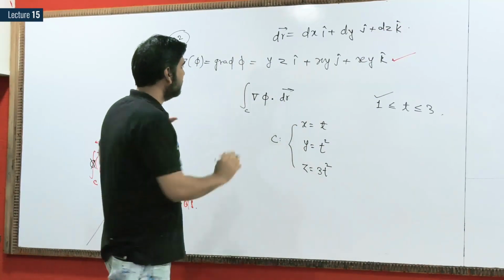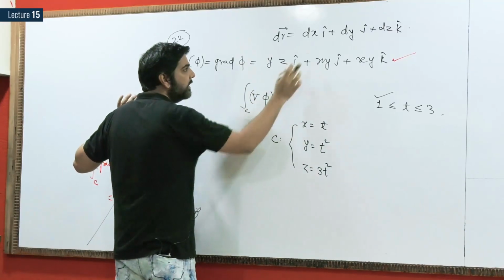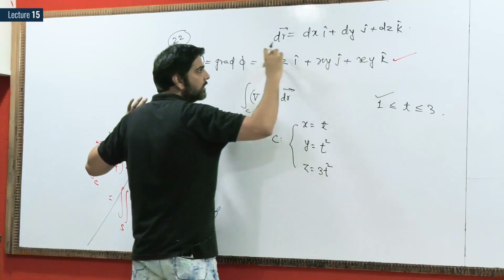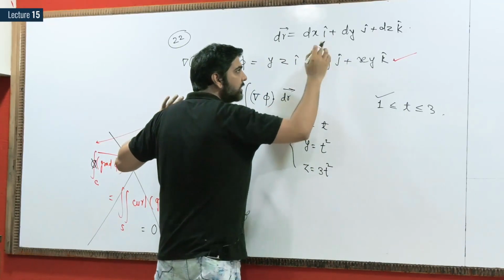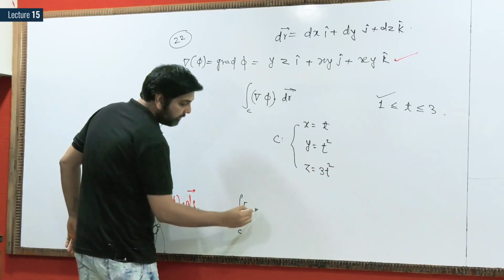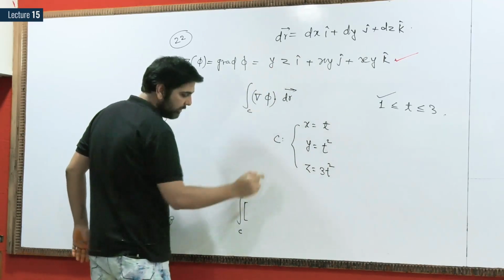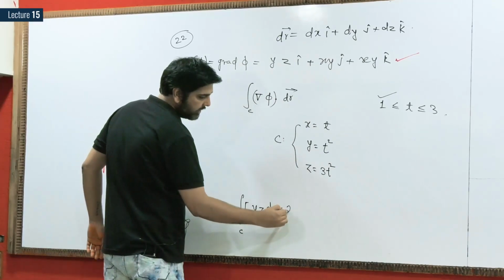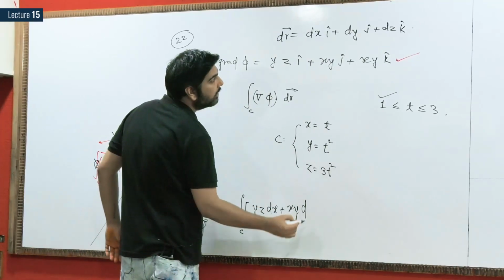Now you need to take the dot product of this gradient of phi with dr. That means this vector function dot product with this. So what I am having is the integration over C of yz dx plus xy.